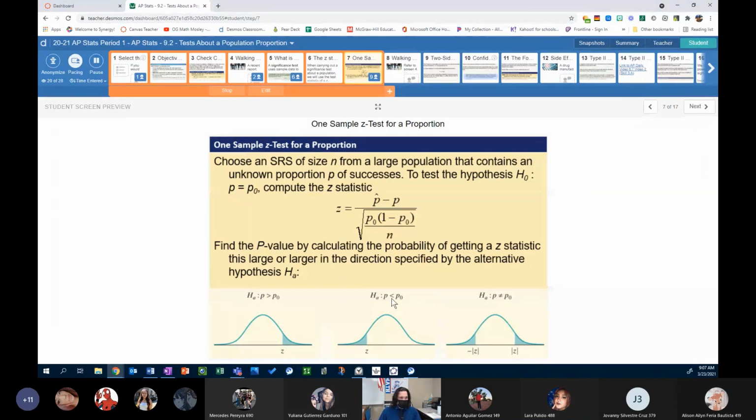If the alternative is less than, we take the proportion under the curve less than that z value. If it is not equal to, we have a two-sided alternative, so we take the proportion less than the negative z and greater than the positive z. Essentially we end up doubling the p-value that we find using table A.